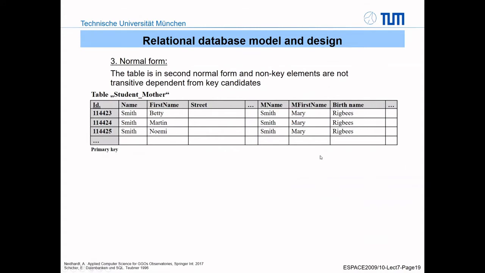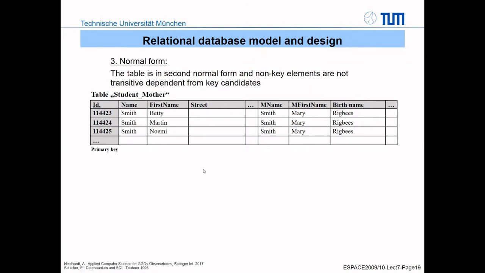And then the third normal form tells us that the table must be, of course, in second normal form, and non-key elements are not transitively dependent on key candidates. So here we have, for example, student mother. We have Smith Betty, Smith Martin, Smith Noemi, and the mother is always the same. So again, you have this redundancy.